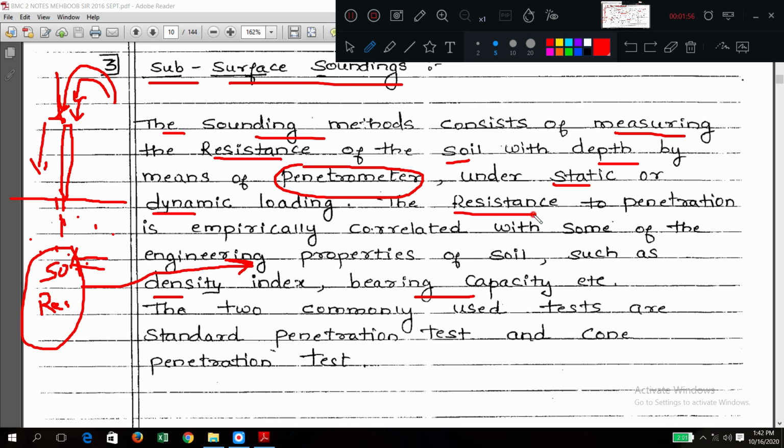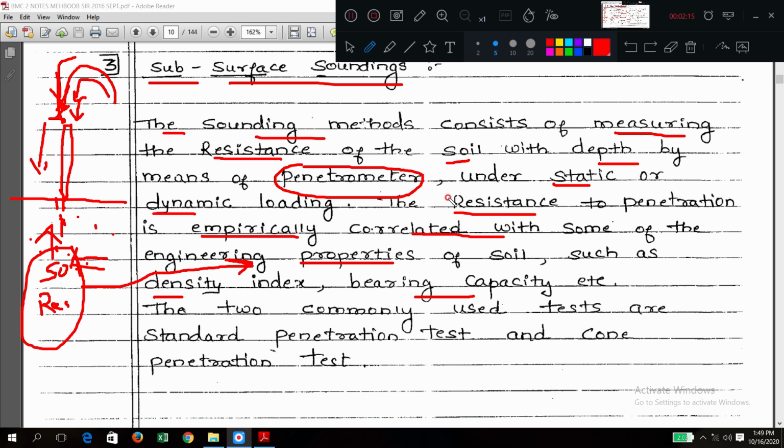The resistance to penetration is empirically correlated to its engineering properties. Means what? Whatever resistance value is nothing but some value which is taken for this load and this penetration.